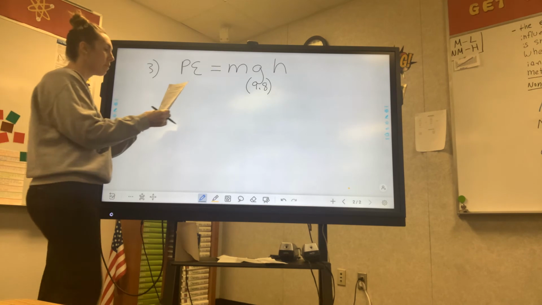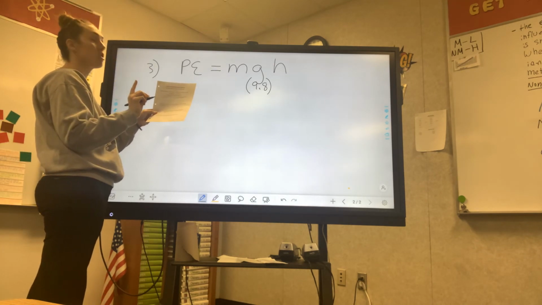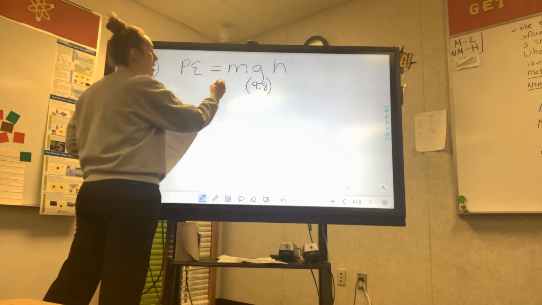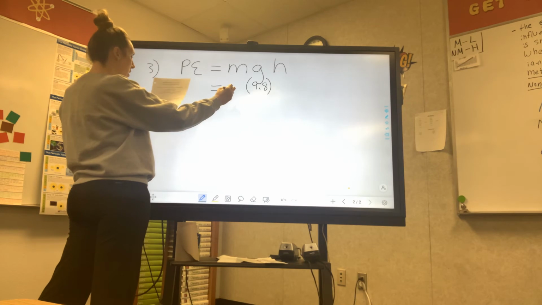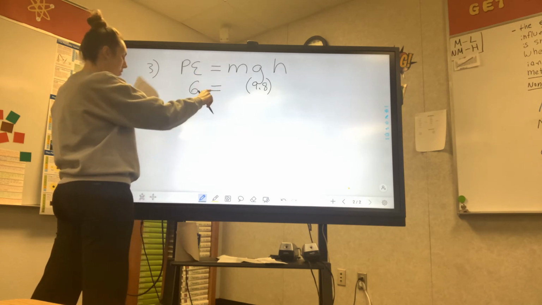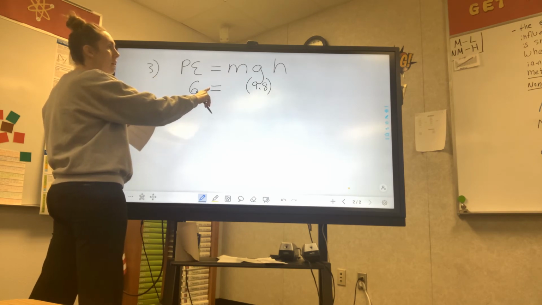Now let's see what they give us. The potential energy of an apple is 6 joules. Which side of the equal sign do I put that on? The apple is 3 meters high. That's right.